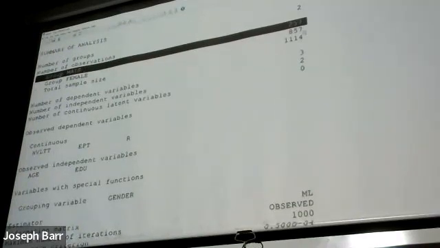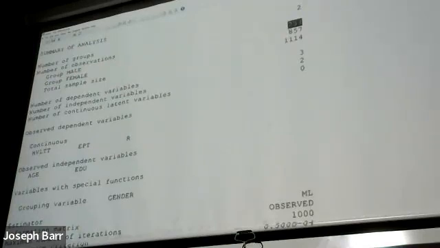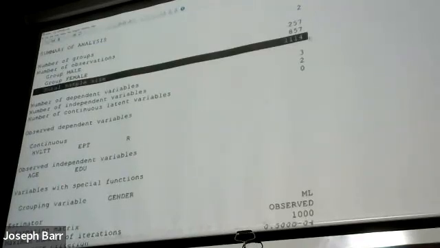For male, we have 257. This number is quite smaller than the female, but it doesn't matter. For female, we have 857. This is the total sample size. Previously we know the total sample size is 1,114.